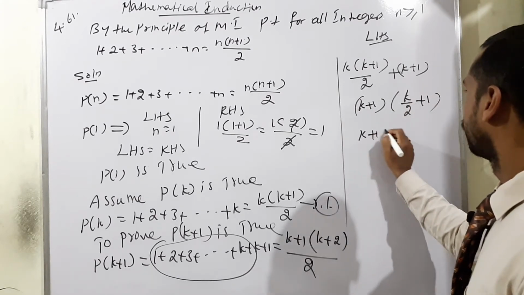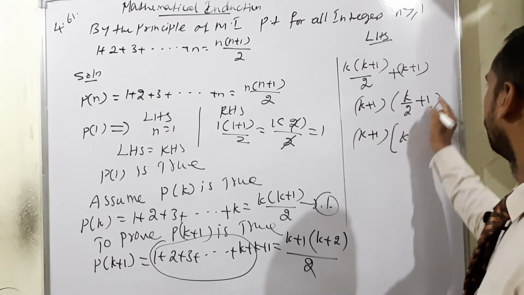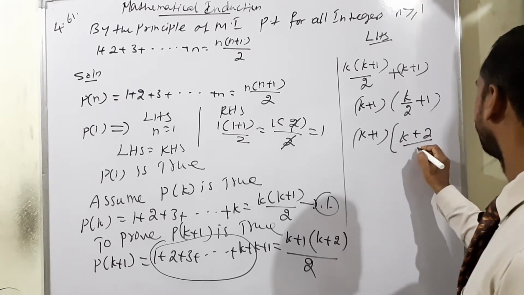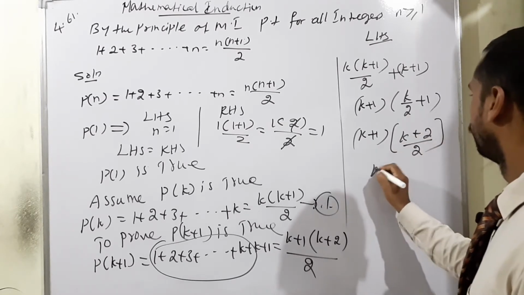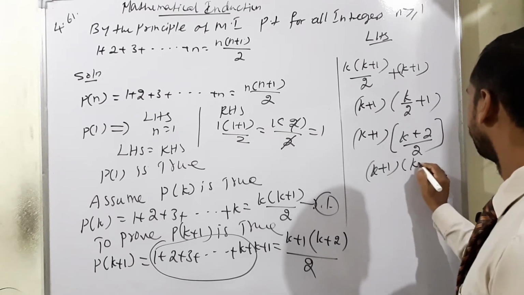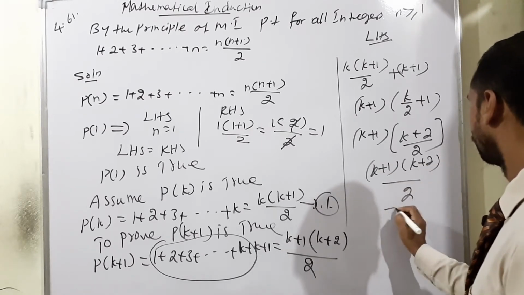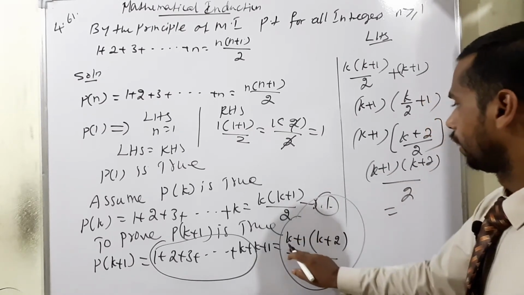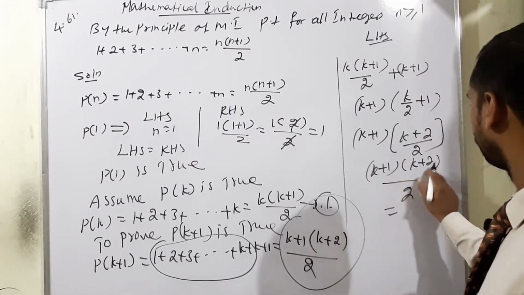Therefore, k plus 1, then 1 into 2 is 2, so k plus 2 by 2. Therefore, k plus 1 into k plus 2 divided by 2. This is our RHS term now. Look there: k plus 1 into k plus 2 divided by 2.